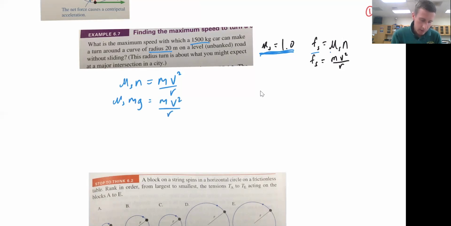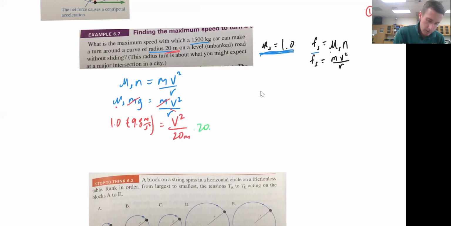All right, now I can go back through and I've got the mass of the car on both sides, so those will cancel out. I need the velocity, how fast it can go, and I have a radius, which is 20 meters. Okay, let's plug it in. So 1.0 times 9.8 meters per second squared equals the velocity squared, that's what I'm solving for, over the radius, 20 meters.